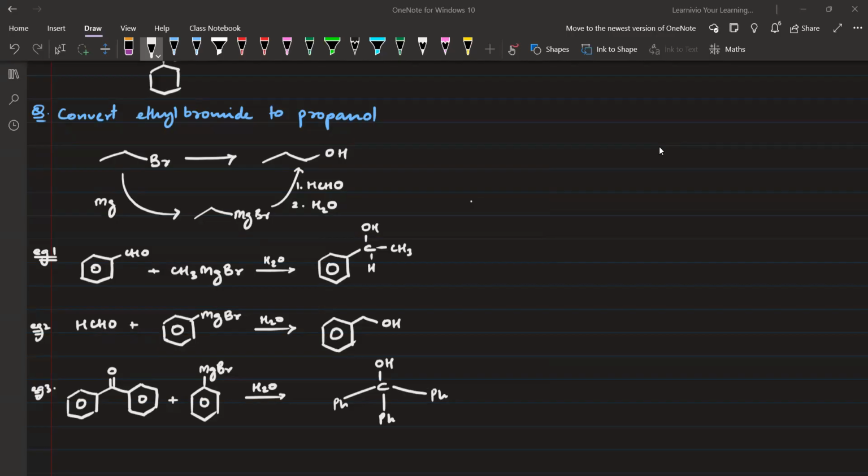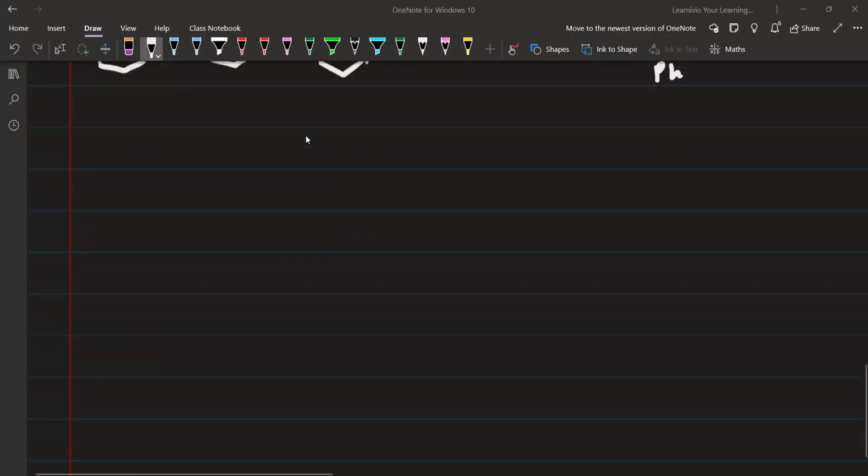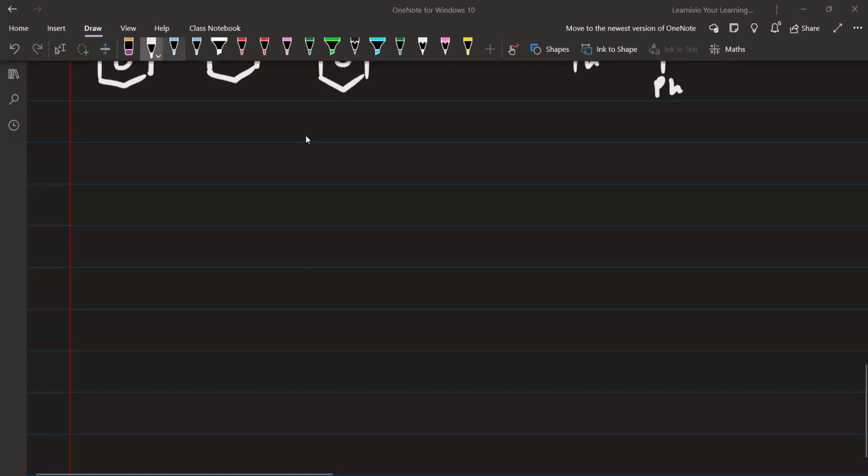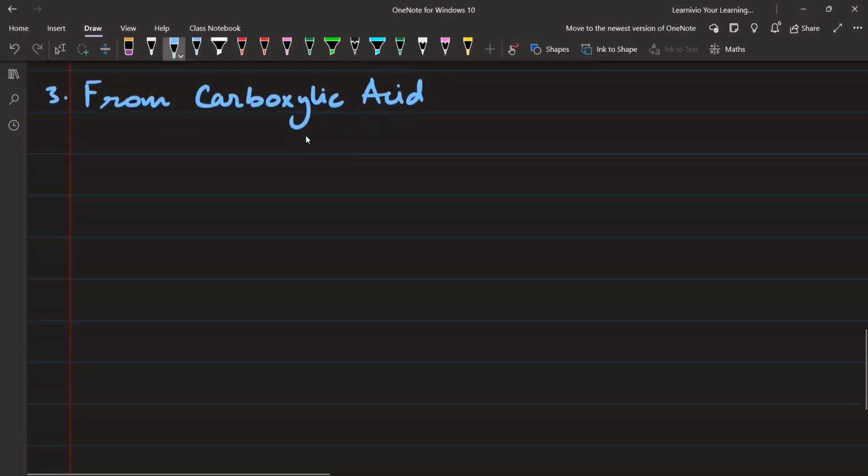Right, next. From carboxylic acid. I think this is going to be the third method of preparation. Please write it in.